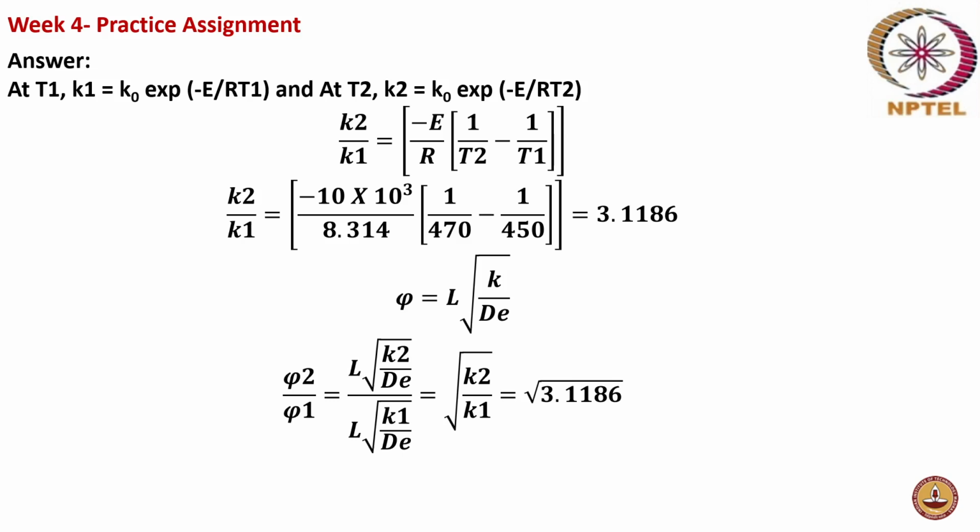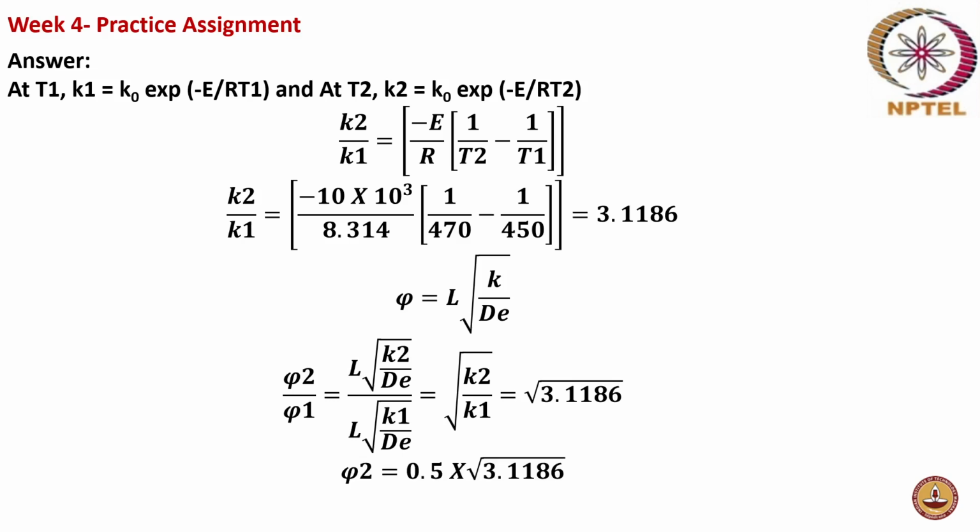Why is it so? Because the characteristic length is not going to change. It is the same catalyst. Similarly, they have given that the effective diffusivity is independent of temperature. So cancelling both, phi2 by phi1 is equal to square root of K2 by K1, which is equal to square root of 3.1186.